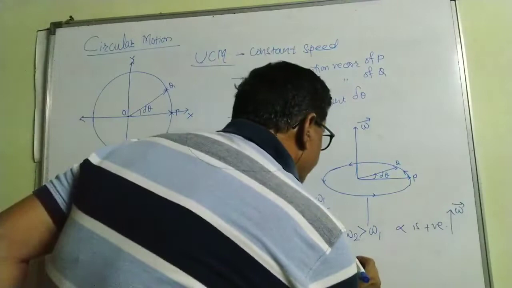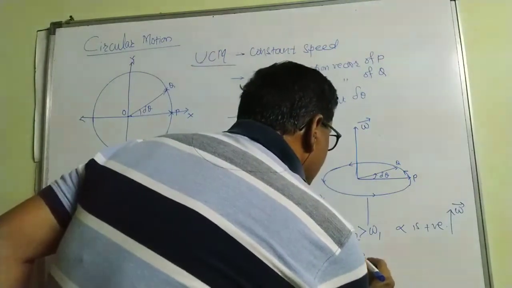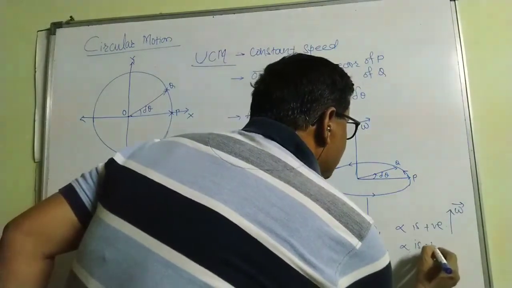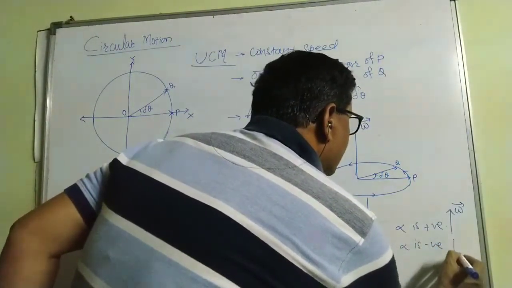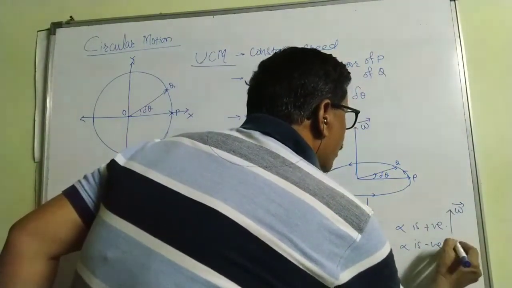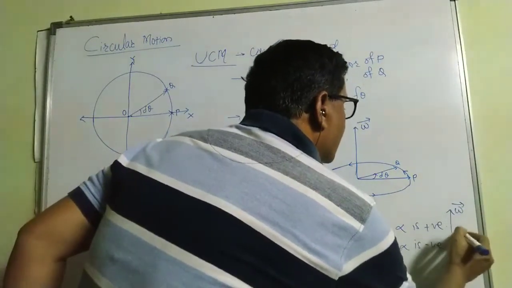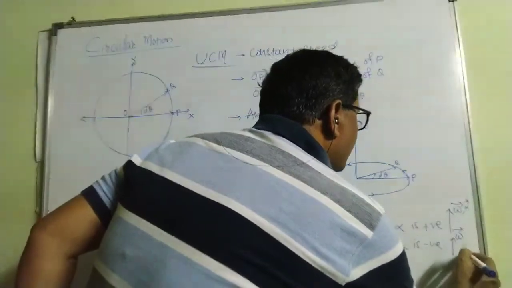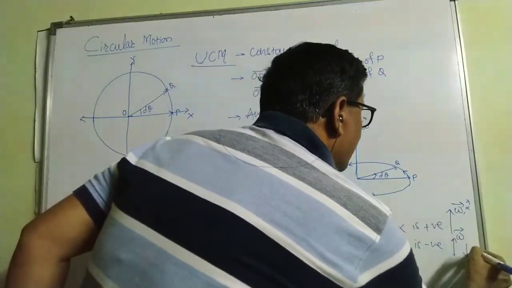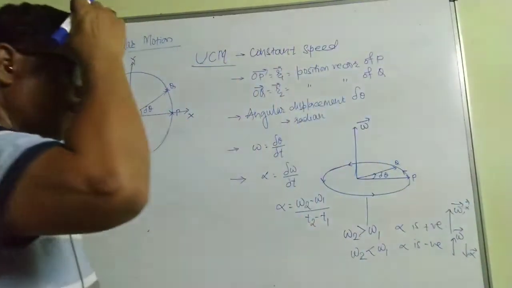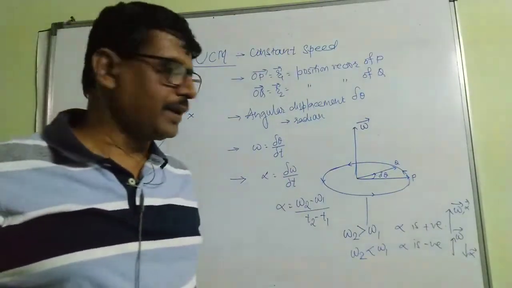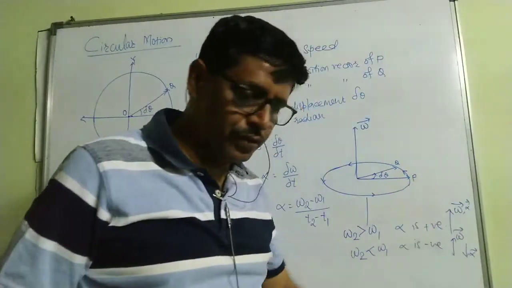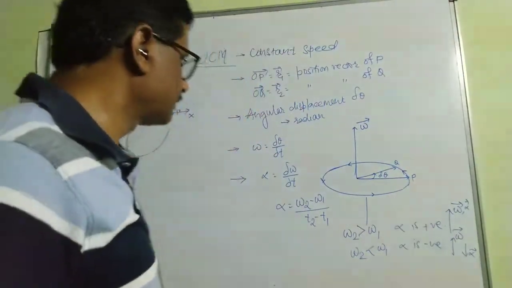If omega 2 is less than omega 1, alpha is negative. If omega is in an upward direction, alpha will be in a downward direction. The direction of angular velocity and the direction of angular acceleration will be opposite to each other.